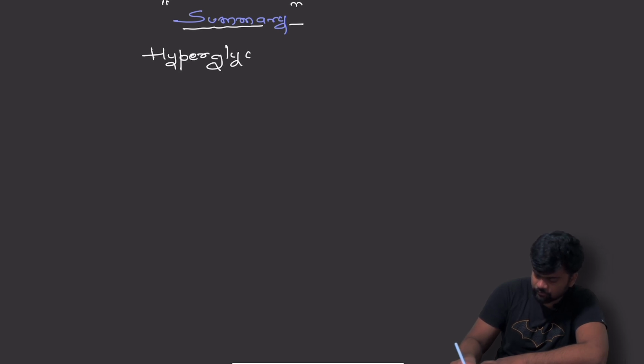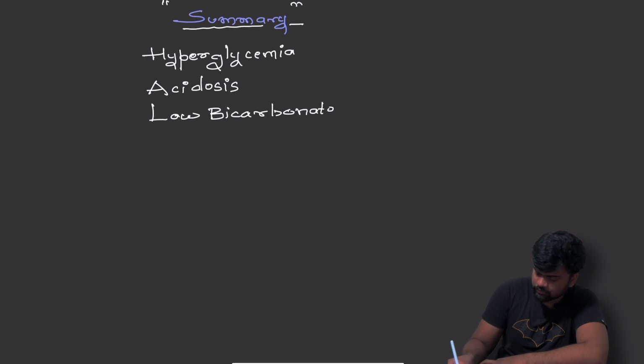Now, summary: hyperglycemia, acidosis, low bicarbonate, ketonemia.